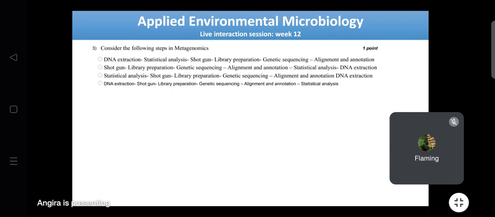Or is it statistical analysis, shotgun, library preparation, genetic sequencing, alignment and annotation, and then DNA extraction? Or is it first DNA extraction followed by shotgun, then library preparation, then genetic sequencing, alignment and annotation, and finally statistical analysis? So what according to you will be the correct flow of steps in metagenomics?